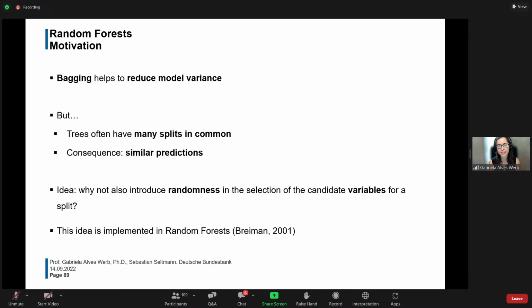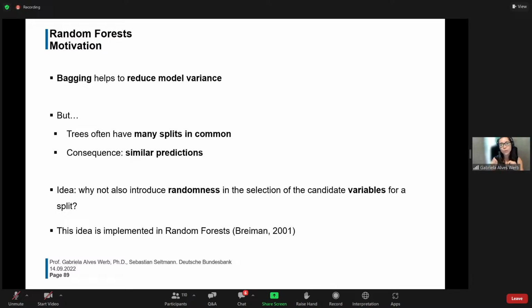If you would take the time to inspect those different trees that we grew, they mostly have the same splits, at least in the beginning of the tree. They identify a couple of variables that seem to play an important role there. And then in the first 2 or 3 levels, most of the time they're exactly the same.